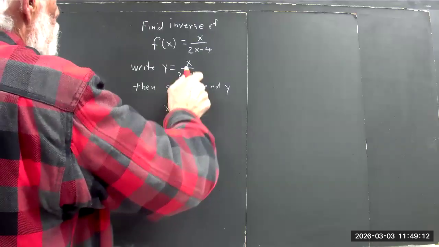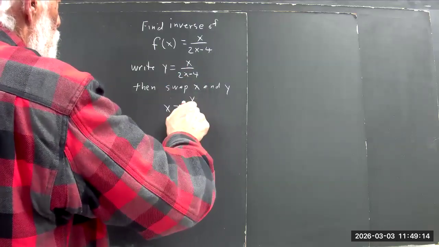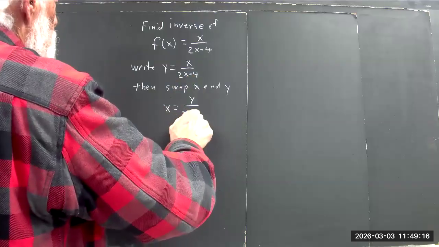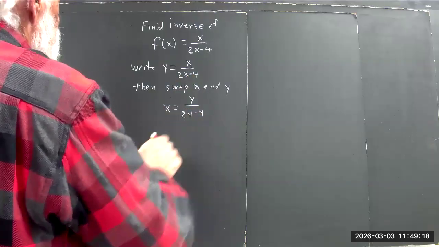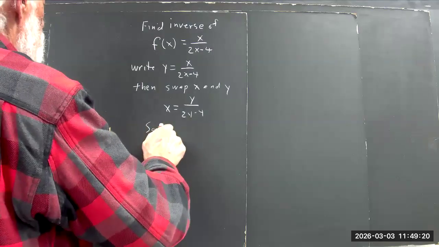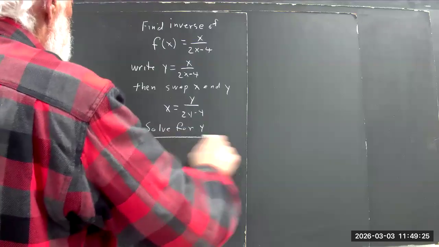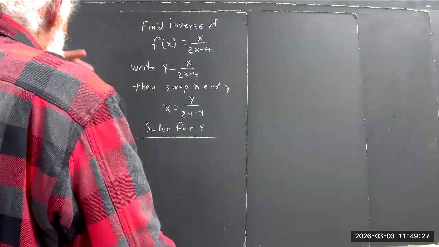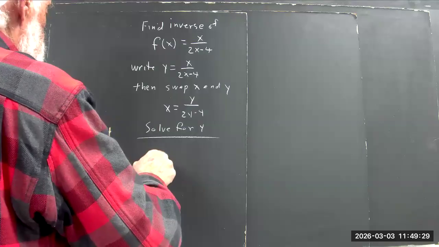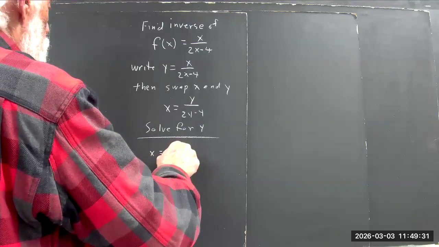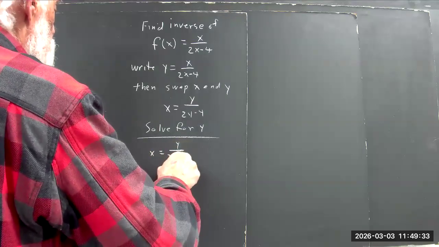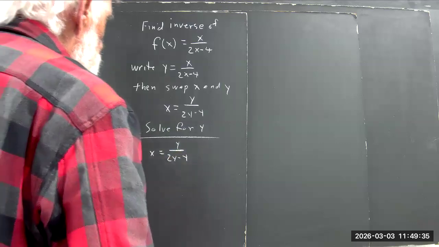The x in the numerator on the right-hand side becomes a y, and the x in the denominator becomes a y. And we solve for y. Okay, so let's write it again. x equals y over 2y minus 4.